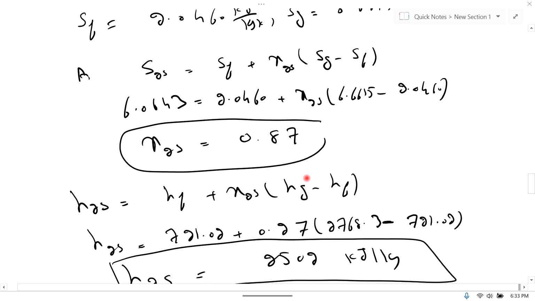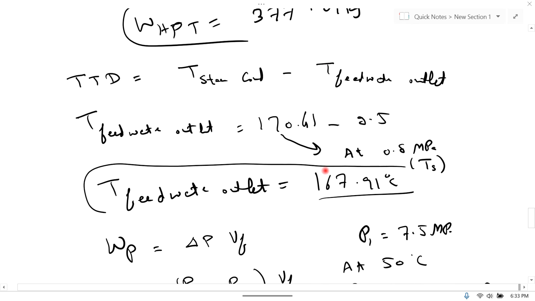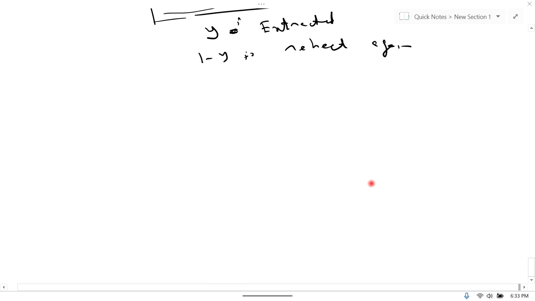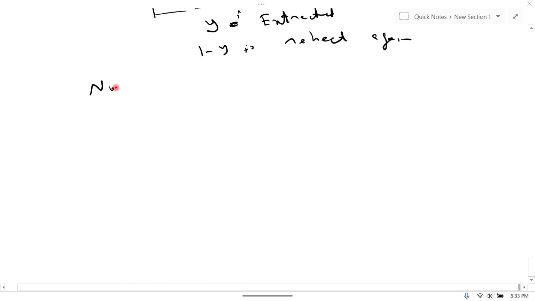Here temperature is 50 degrees centigrade. Now we need just H2 dash S, no need of S2 dash S. So for this we will find X2 dash S.